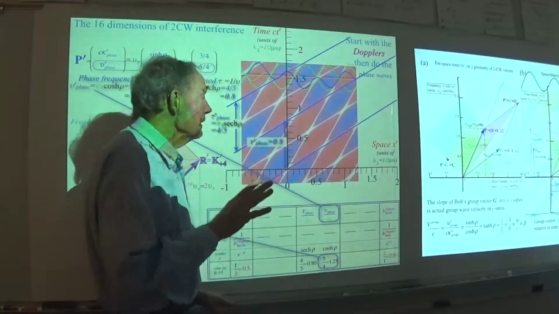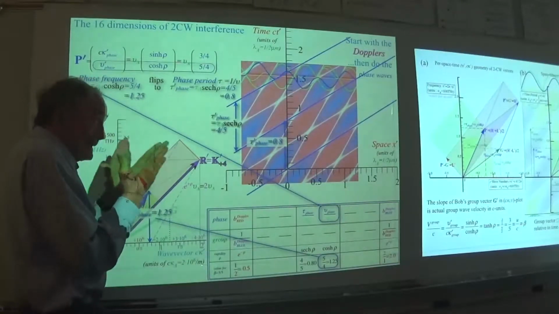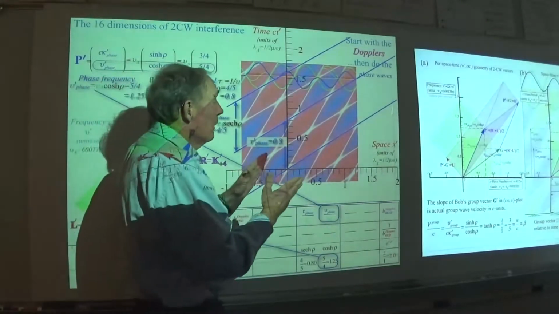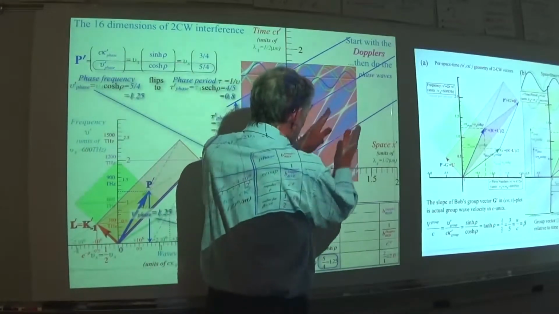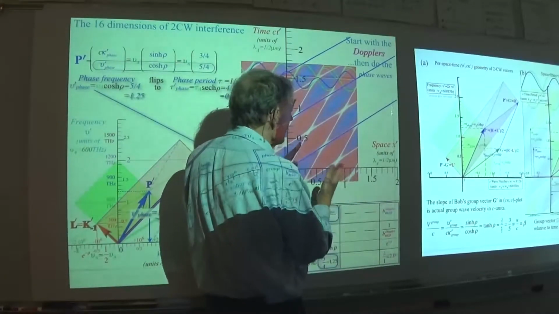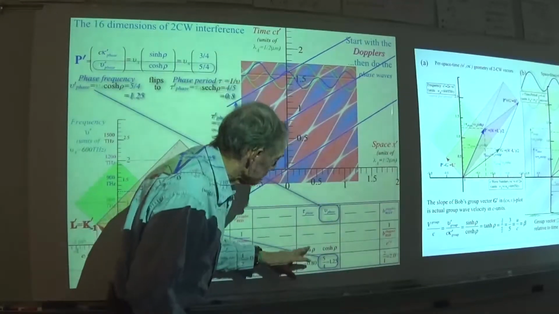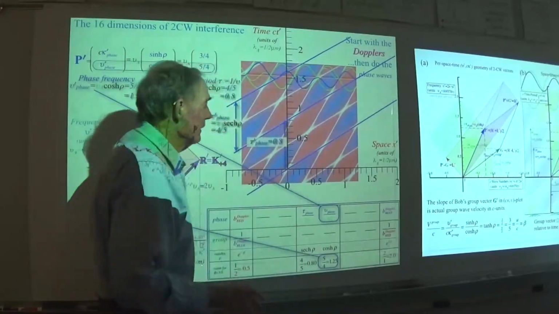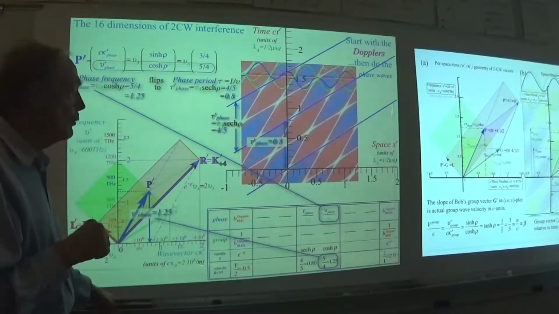Now, getting a little ahead of myself here, but it doesn't hurt to say things twice. What we're talking about here with these lines, and that's what we're getting to in a minute here, is the group. That number right there is a number that is associated with what we call Lorentz contraction.